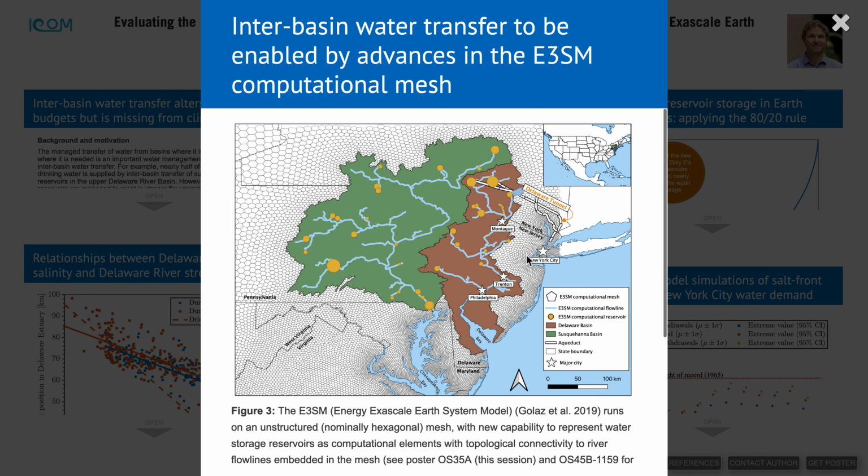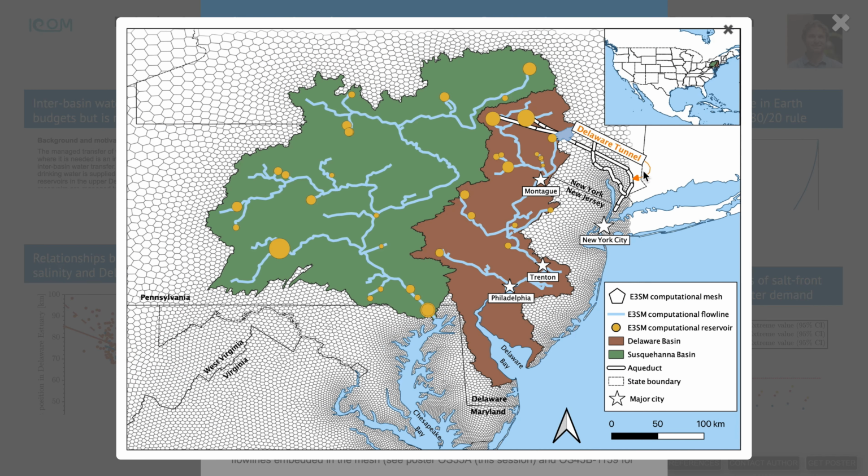Nearly half of New York City's drinking water is provided by water that's stored in reservoirs in the upper Delaware River Basin. And that water is transferred via the Delaware Tunnel Aqueduct out of the Delaware River Basin into New York City.